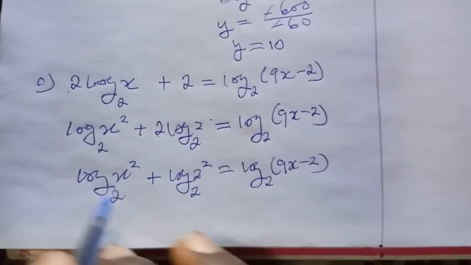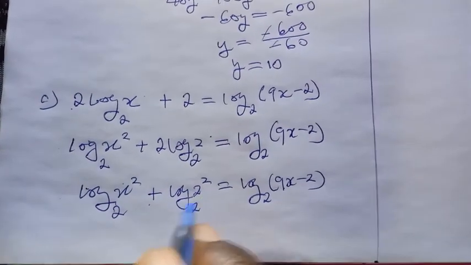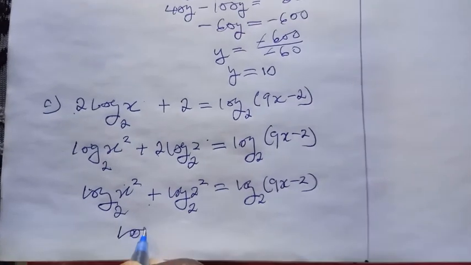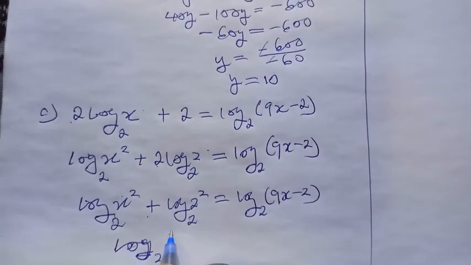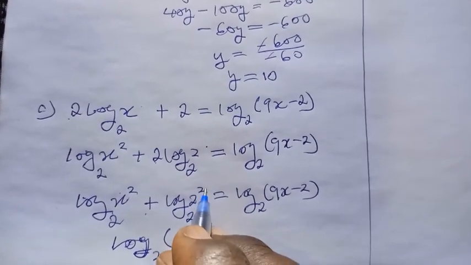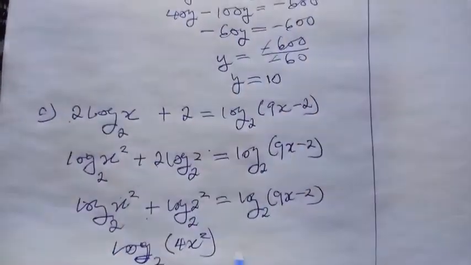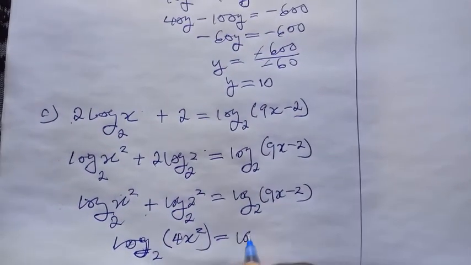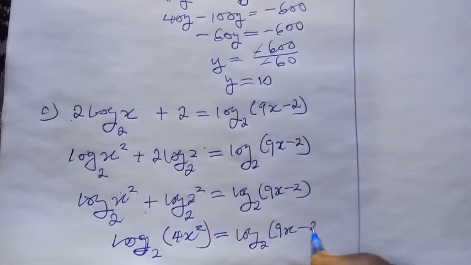First law is applicable here because of the addition, right? So I can now multiply what's in here and what's in here, right? So we can have a single logarithm here. Log base 2 bracket x squared times, this is 4, because 2 squared is 4, right? It's going to be 4x squared, which is equal to log base 2 of 9x minus 2.